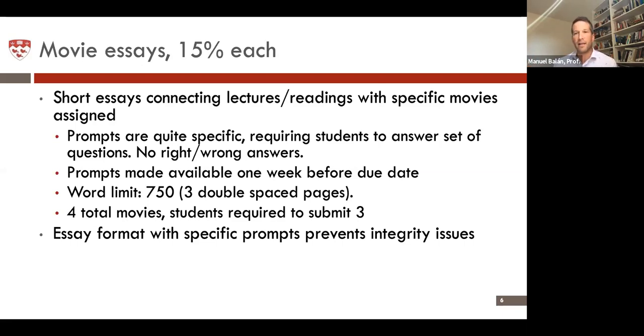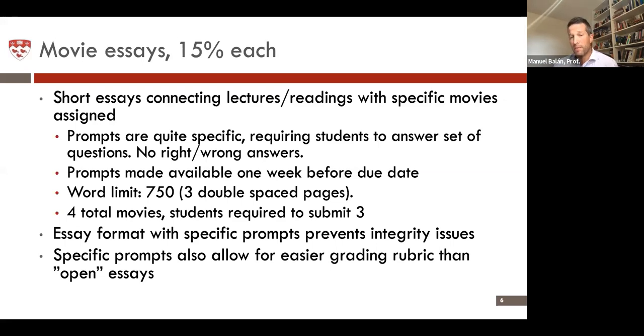It's highly unlikely that they'll be able to encounter any material covering this off the internet. In terms of copying from one another, these essays require fairly individualized answers, and so I'm hoping that this will prevent any sort of cheating in the class.